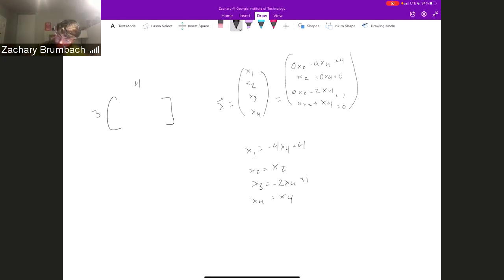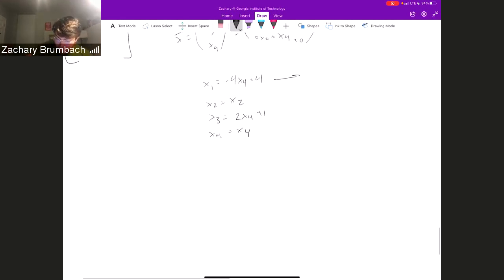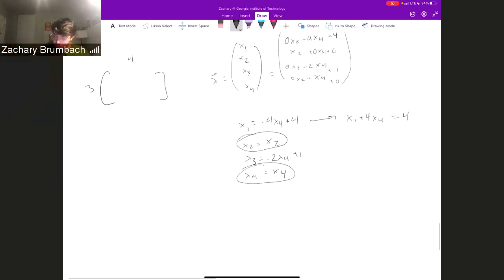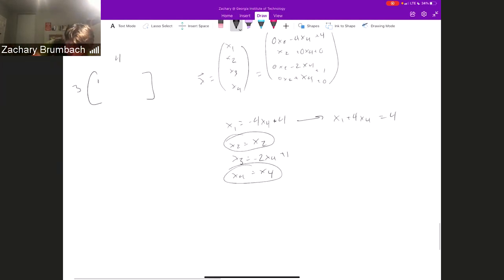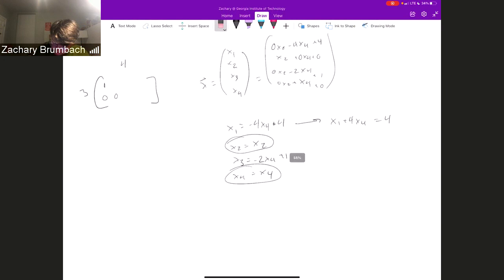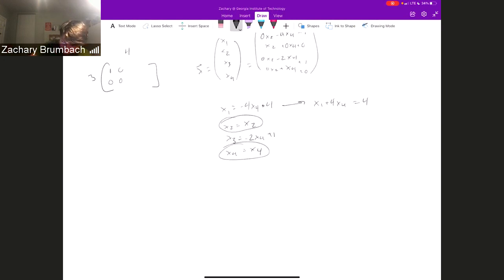Coming from here, we're going to create x1 plus 4x4 equals 4. Since x2 is a free variable and x4 is a free variable, there's not going to be a pivot in their columns. So we know we're going to have a 1 here, and zeros there.